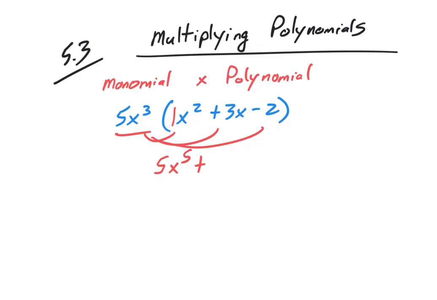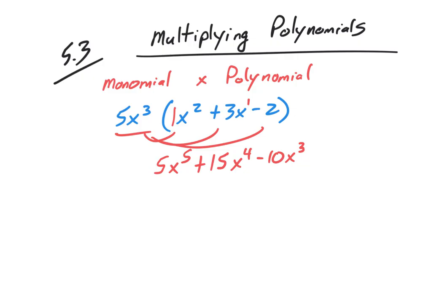Okay, then we're going to do 5 times 3, which is 15. And then x cubed, and then this is assumed to be x right here. So that would be x to the fourth. We're going to add 3 and 1. And then 5 times negative 2 would be negative 10x cubed. As I look at the 3 terms that I have here, we have x to the fifth, x to the fourth, and x to the third.